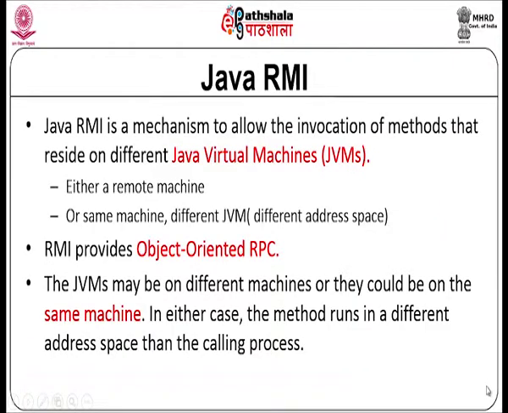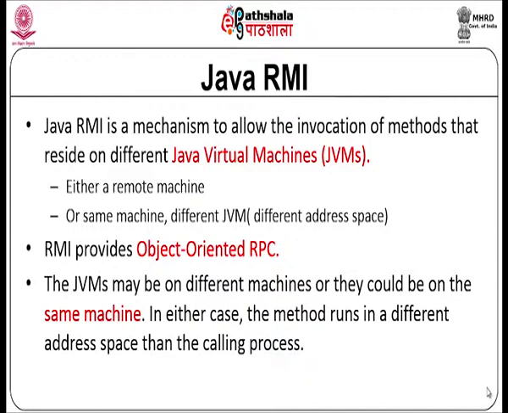RMI stands for remote method invocation. It is one of the technologies of remote procedure call. Java RMI is a mechanism which allows the invocation of methods that are available remotely, or that are on a different Java virtual machine.